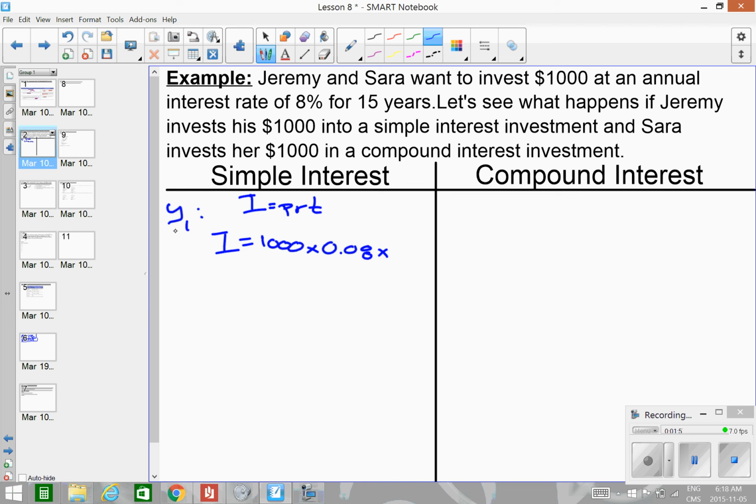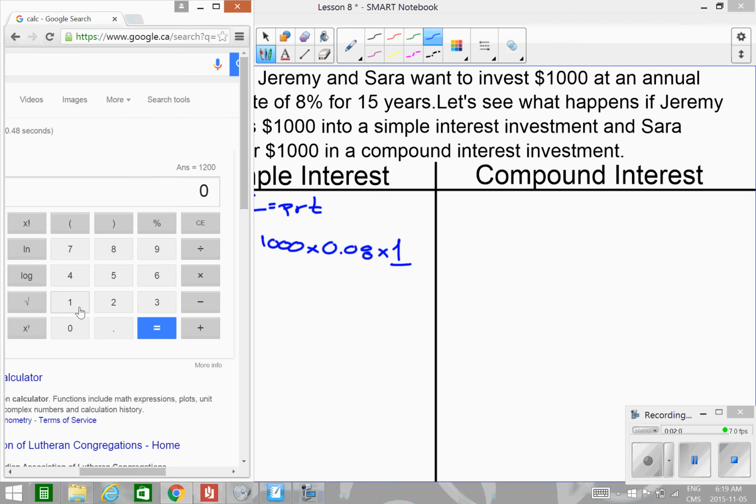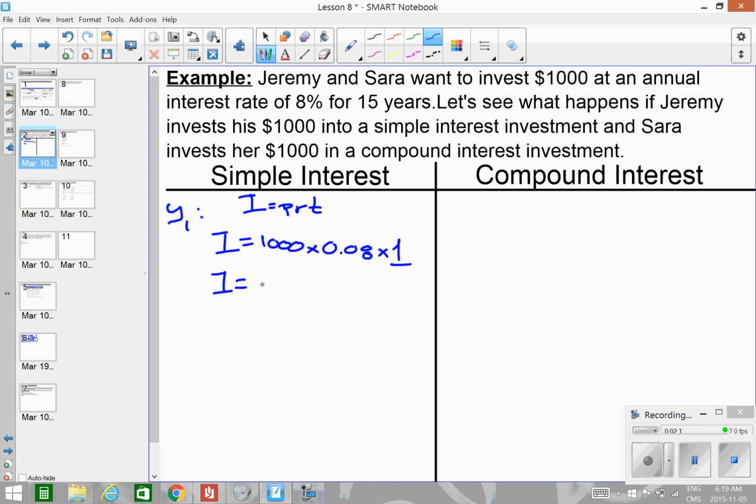And since we're only doing this for the first year, just for 1 year. All right, we could do this in our head, but I'm going to pull up a calculator just in case you don't trust me. 1,000 times 0.08 times 1. Well, we don't need to write the times 1, but all right, that's $80. And that's in year one.